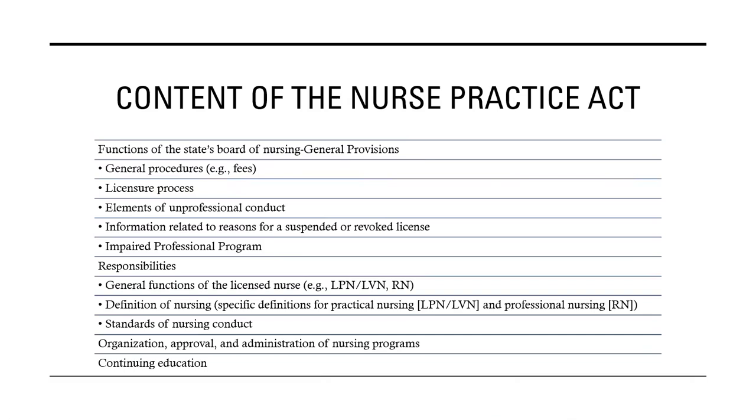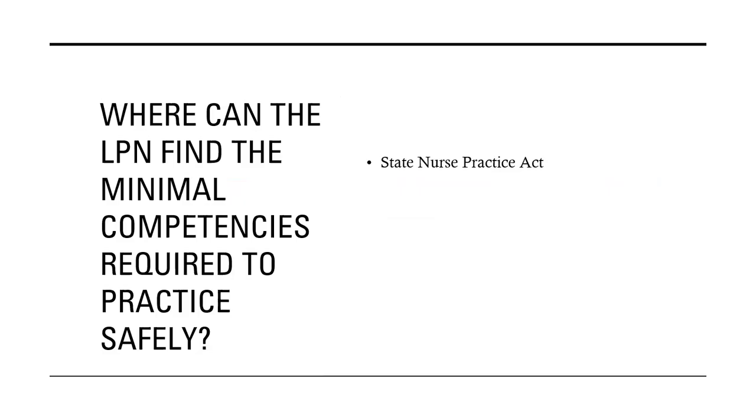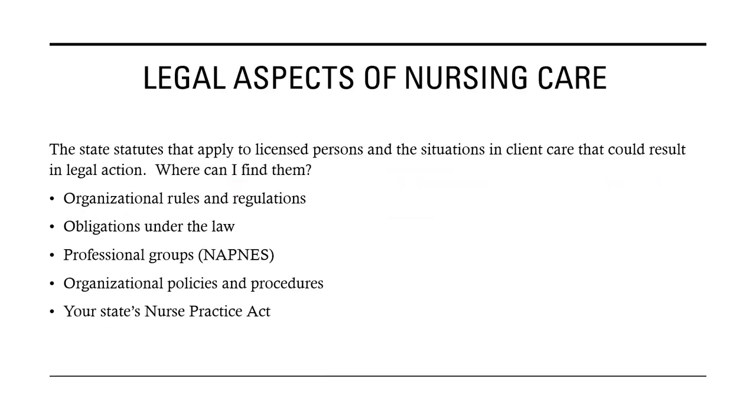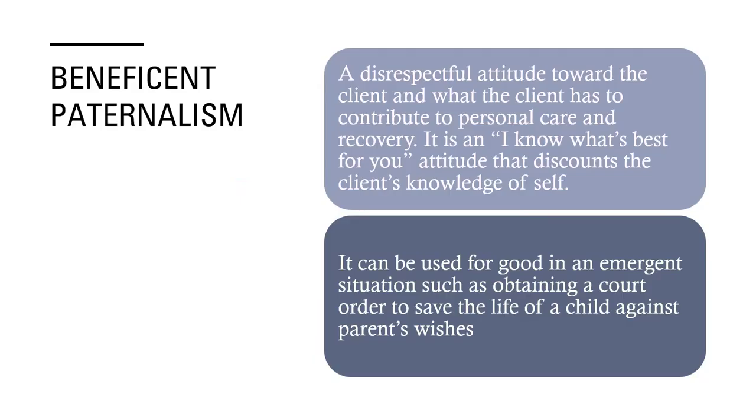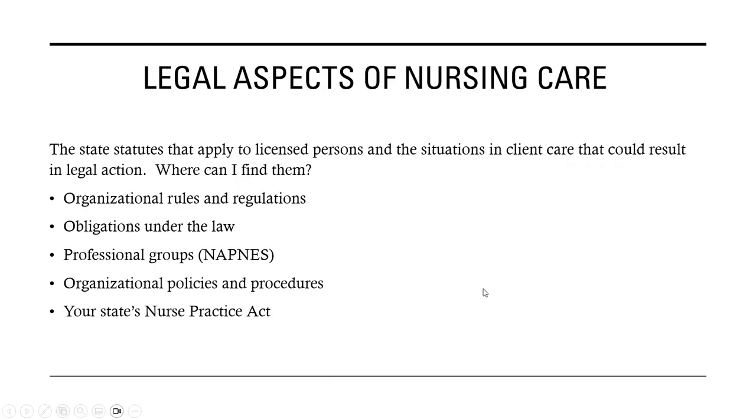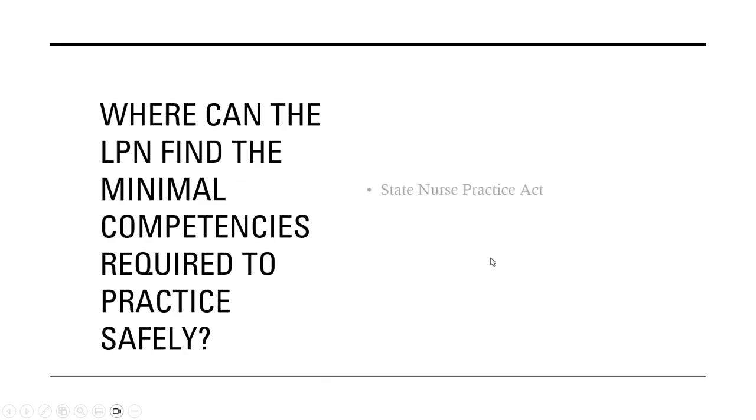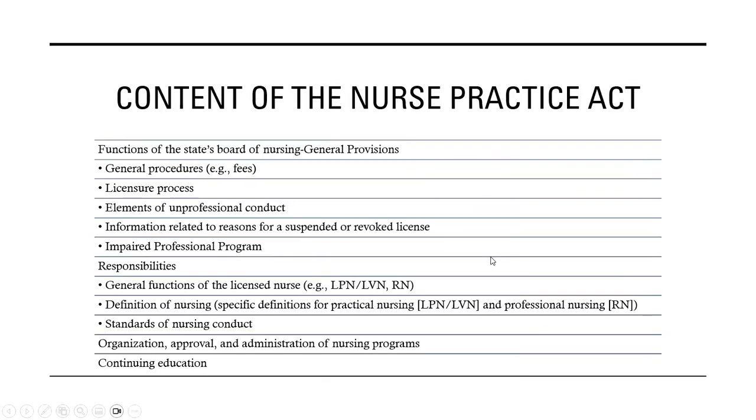Okay, so this ethical principle is fundamental in nursing practice. It's consistent across various nursing codes of ethics. Maintaining that confidentiality, it's crucial. We have got to maintain that confidentiality.